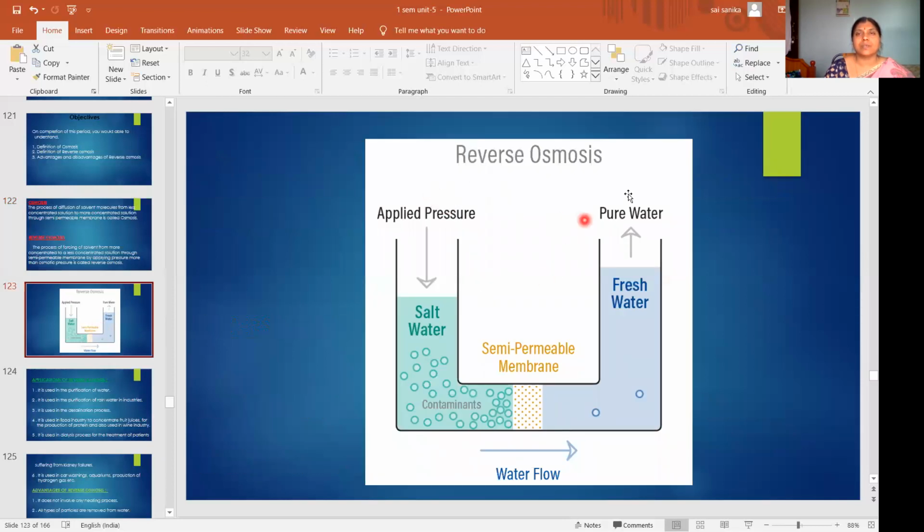This reverse osmosis is applied in the desalination of seawater.